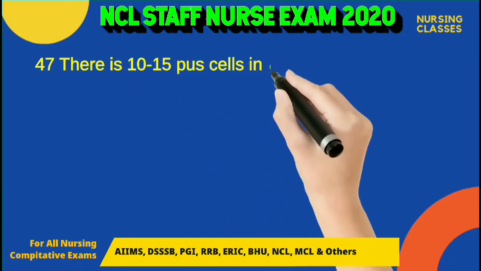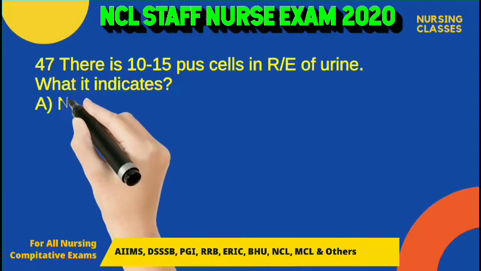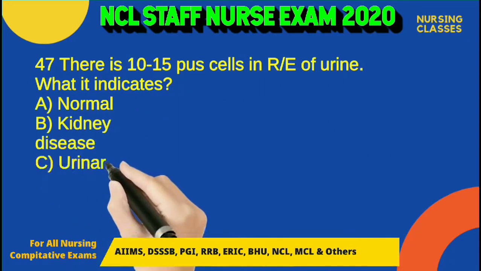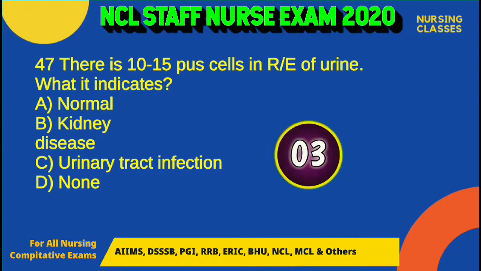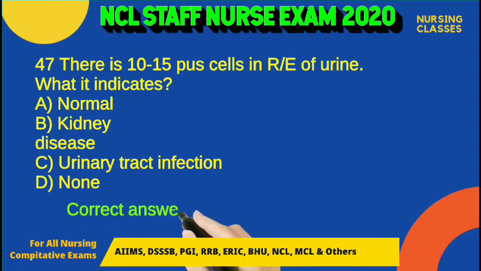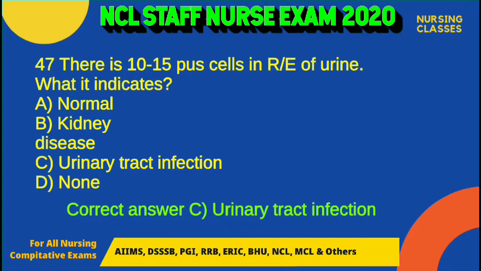There are 10 to 15 pus cells in RA of urine. What does it indicate? A. Normal. B. Kidney disease. C. Urinary tract infection. D. None. Correct answer C. Urinary tract infection.